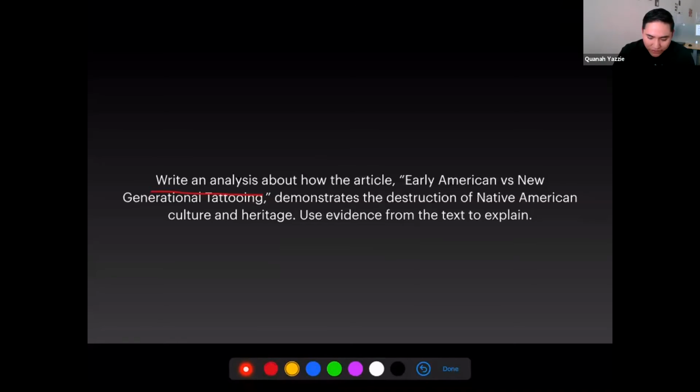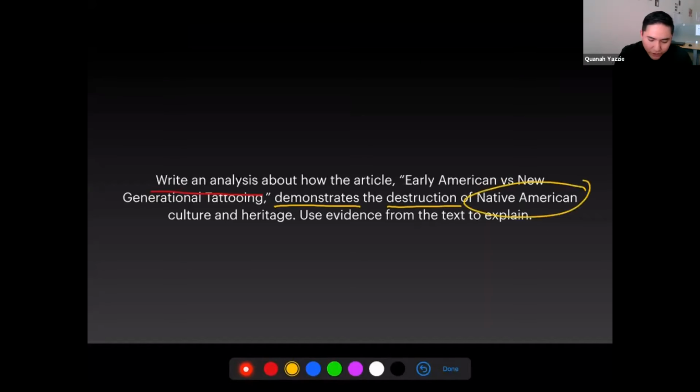But what we want to focus on when we're deconstructing a prompt is looking for keywords. It can be a verb or basically anything. So we have this analysis, and then we have demonstrates, and then we have destruction. Maybe these can be keywords that we can highlight.